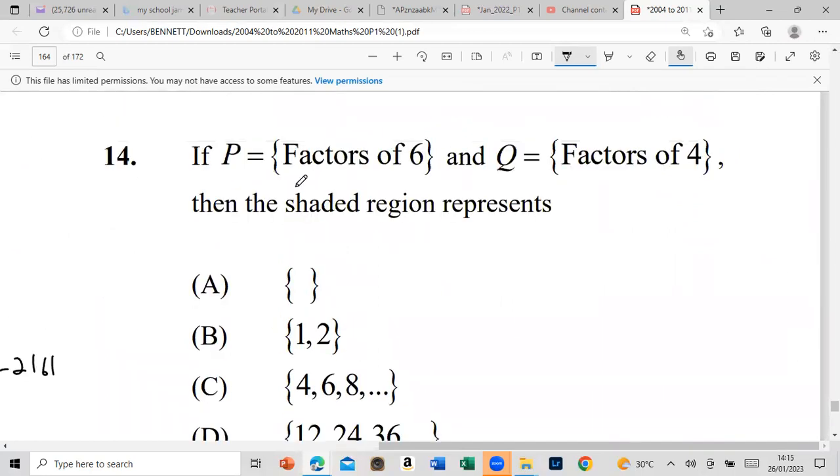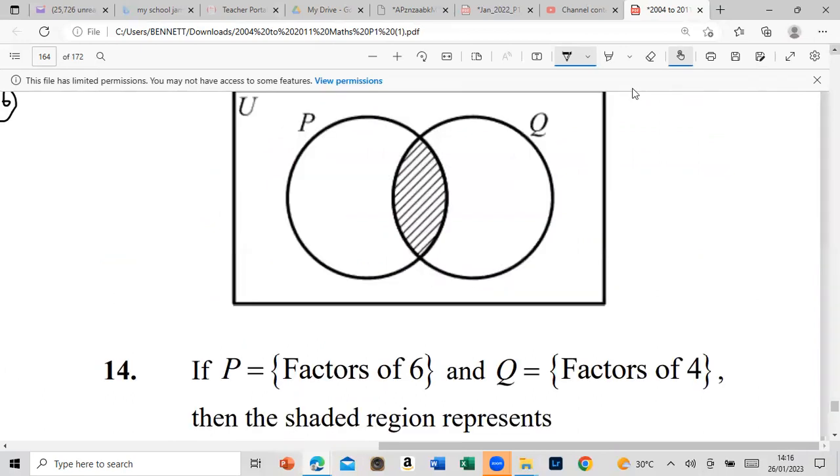Alright. If P is equal to factors of 6 and Q is equal to factors of 4, then the shaded region represents, let me see if we have the shaded region. Yeah, they do have it. So we can list the factors of 6. Put them outside. So you have 1, 2, 3, 6. Remember primary school days.